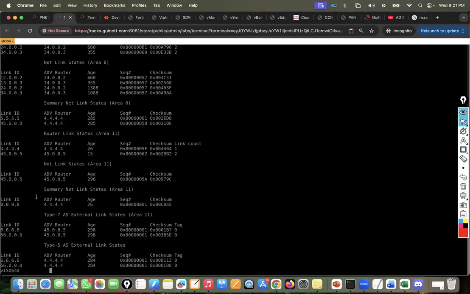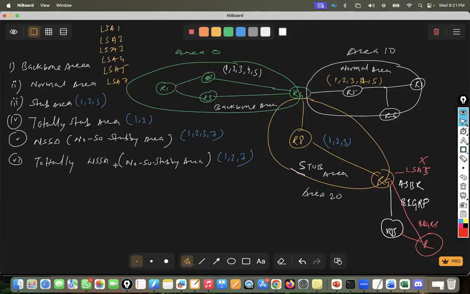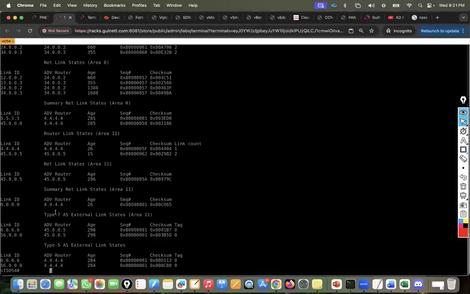So you put NSSA no summary. Yes, that's correct. First it was stub no summary, but this time it is NSSA no summary. Yes, totally stubby. Okay. And now you see we have only the default route. Still we have the LSA 3, but that is having a default route.